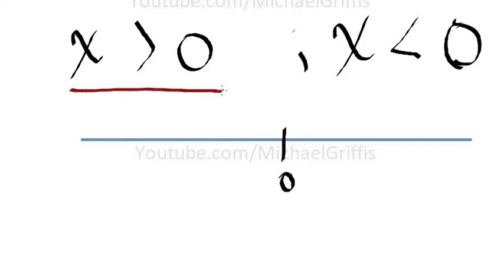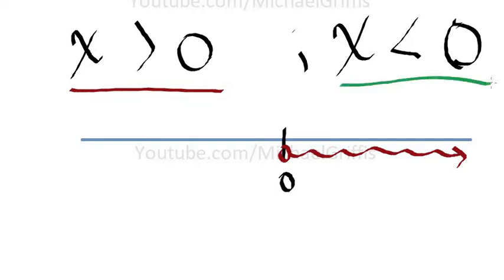So we put an open circle here, meaning we don't include 0, but everything to the right of 0. You've seen this before, right? Now let's use green on this side. This says x is less than 0, so everything going off to the left of 0.